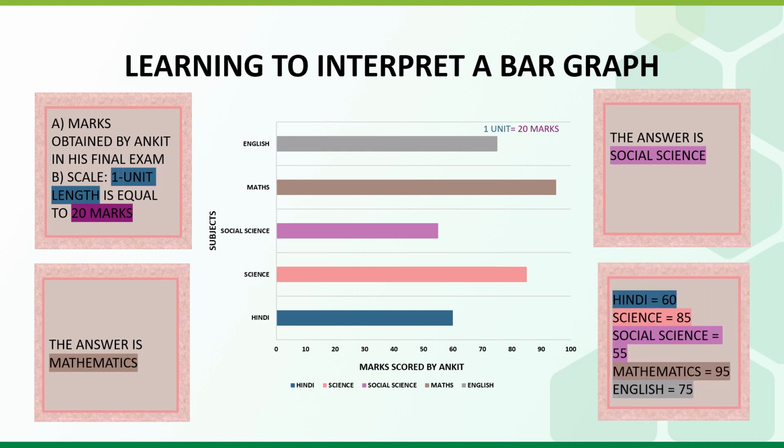So, Ankit has scored 60 in Hindi, 85 in science, 55 in social science, 95 in maths, and 75 in English.